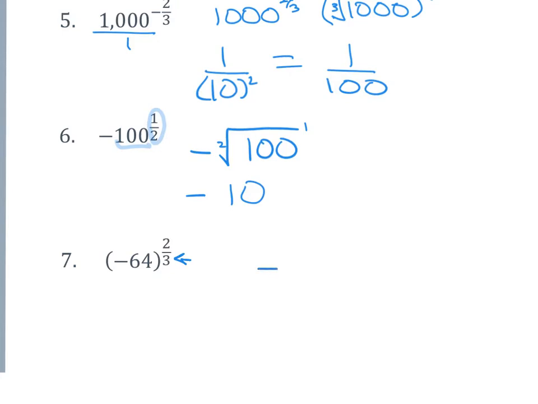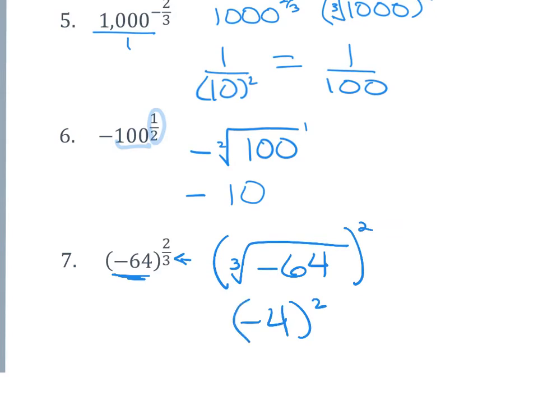So again, negative 64, notice it's being held with the parentheses, is under the radical. I'm finding the cube root of negative 64, and then I'm going to square the answer. So the cube root of negative 64 is going to be negative 4, because negative 4 times negative 4 is positive 16, times another negative 4 is negative 64. Now that I've found the cube root, now I square the answer, and it's positive 16.